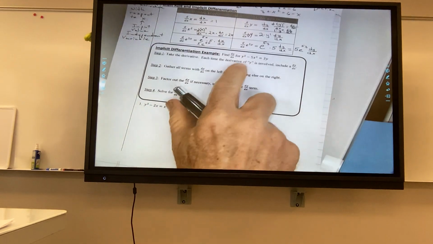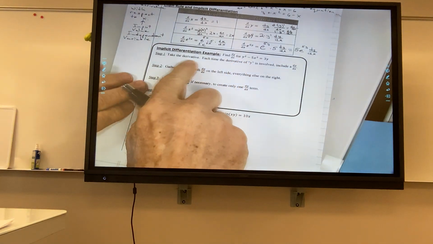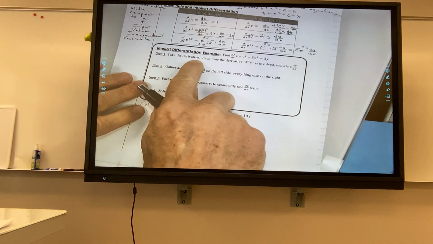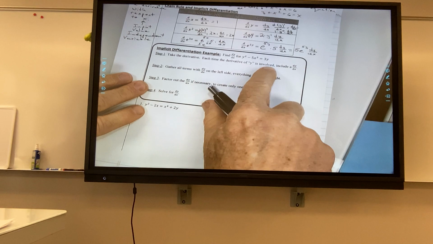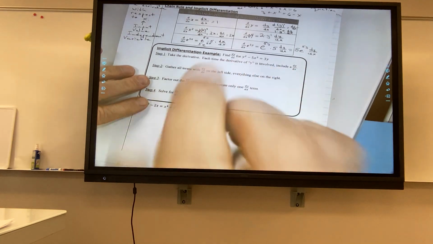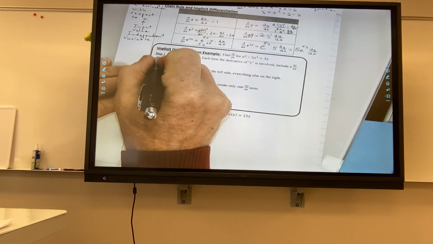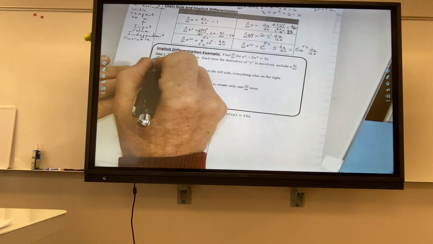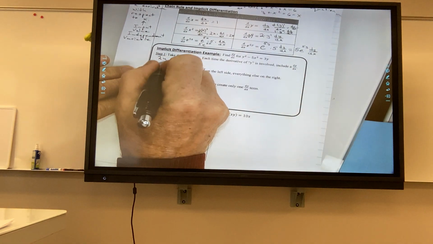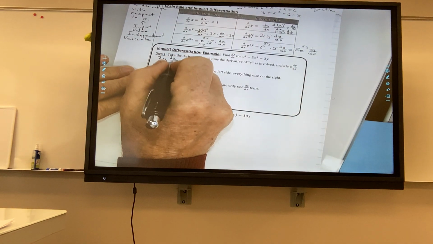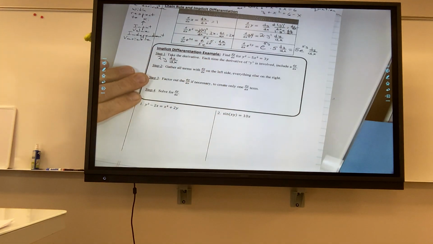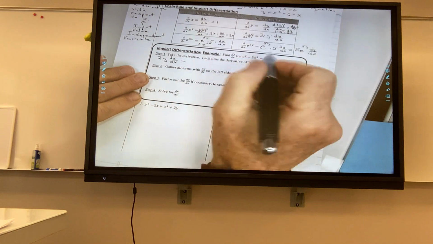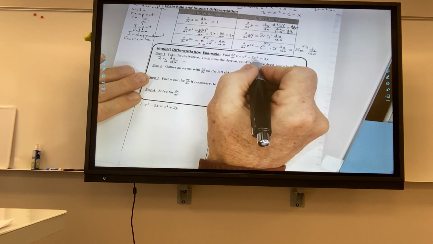So I'm going to take the derivative of this. It says, step 1, take the derivative. Each time the derivative of y is involved, include a dy over dx. So I'm going to do that. So when I take the derivative of y squared, I'm going to get 2y dy over dx. Minus, there's no y here, is there?